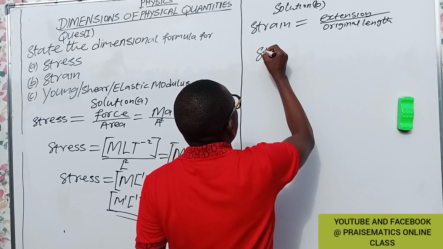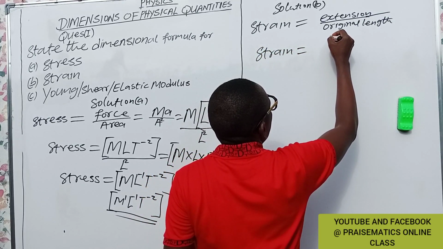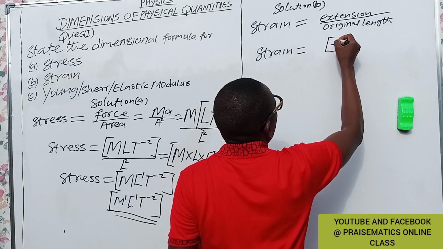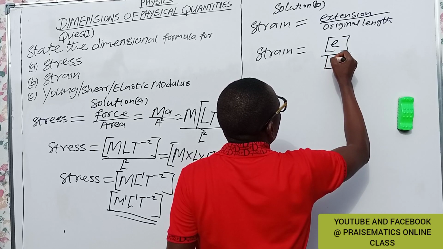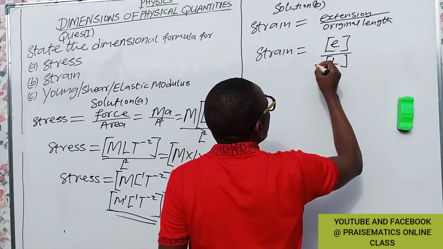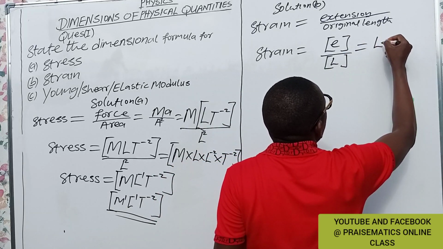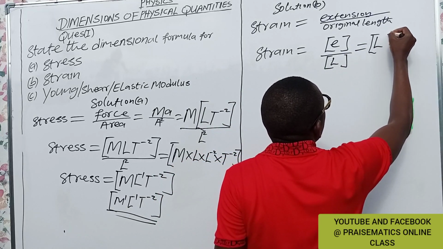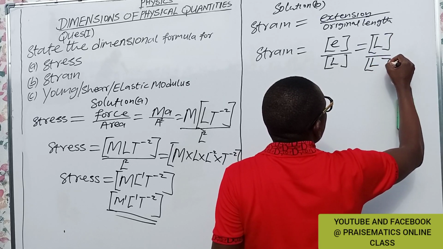So strain is equal to the dimension of extension all over the dimension of length. Length is just length, extension is also length, all over length.